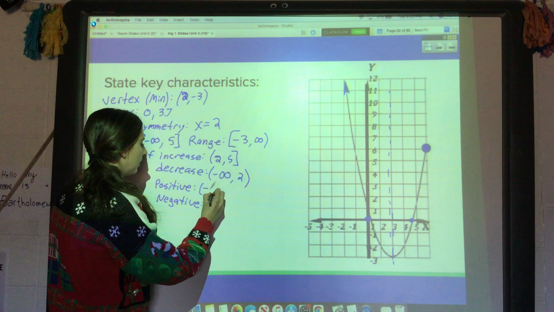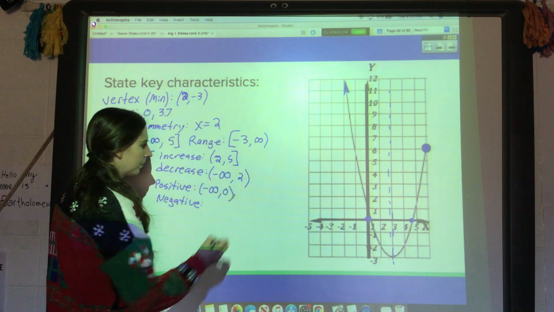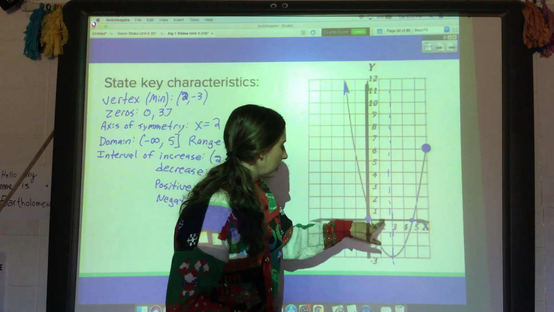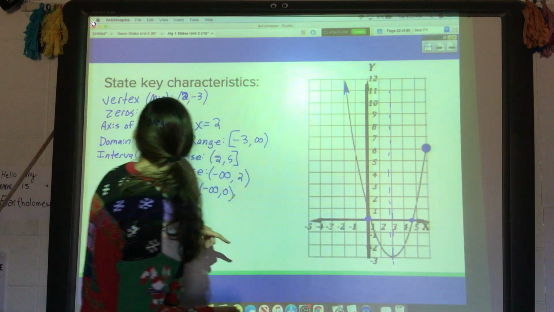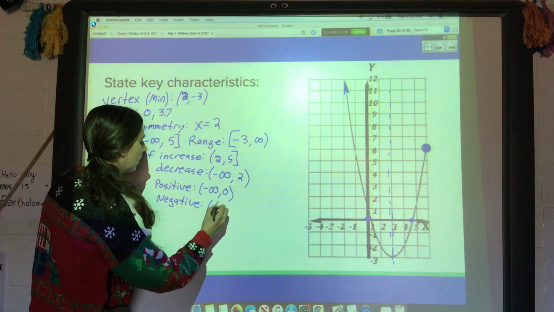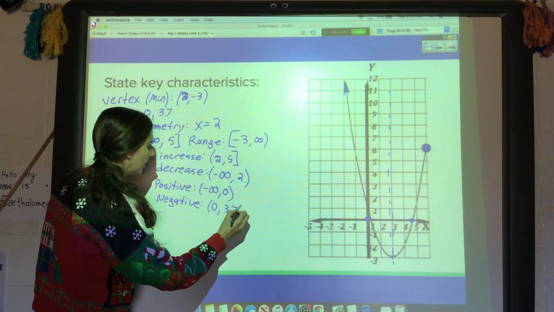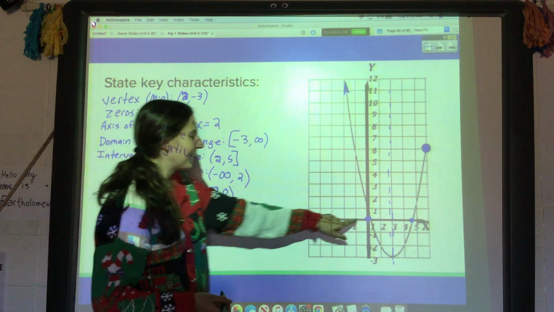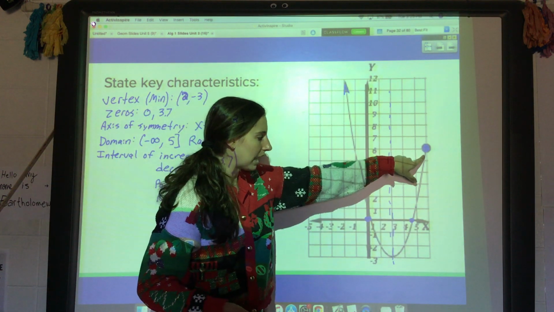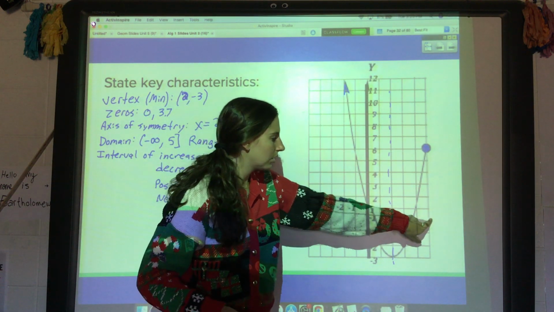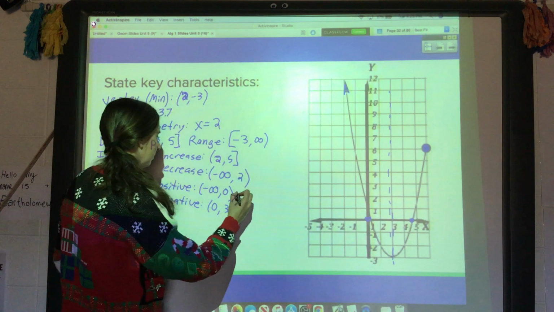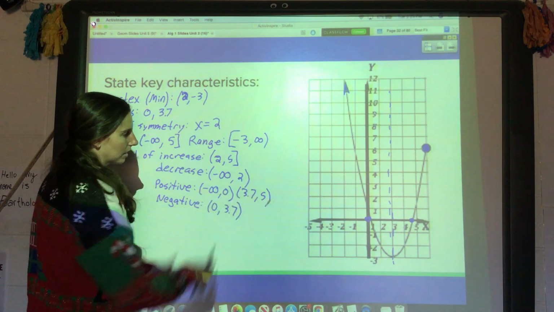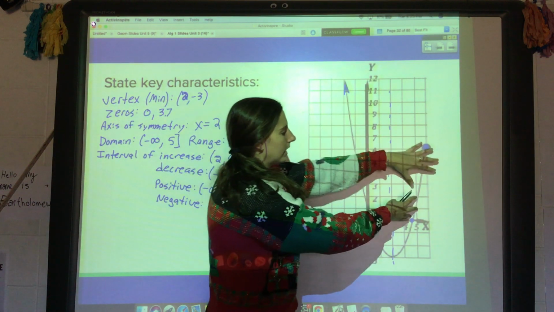So from 0 to whatever that was, 1, 2, 3.5, is that what we called it? No, 3.7. So from 0 to 3.7, oh, no, sorry. It's negative, and then it's positive again, from 3.7 to 5. So there are 2 positive intervals, here and here.